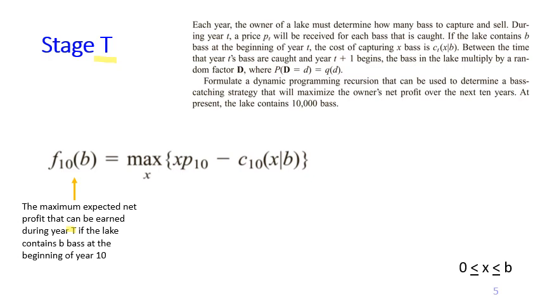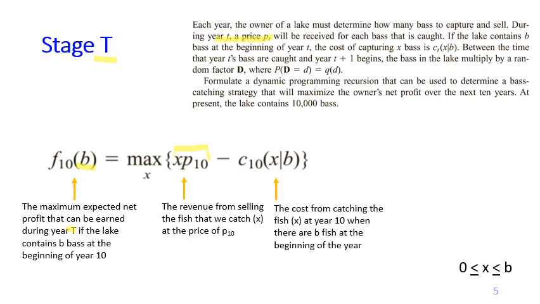So if we have B fish at the beginning of the year, and then we decide to catch X of them, then we get the revenue of X times P10, because P10 is the price of bass fish in year 10. Okay, so this is our revenue from selling the fish that we catch, minus the cost of catching X fish, given that at the beginning of this year we have B fish in the lake.